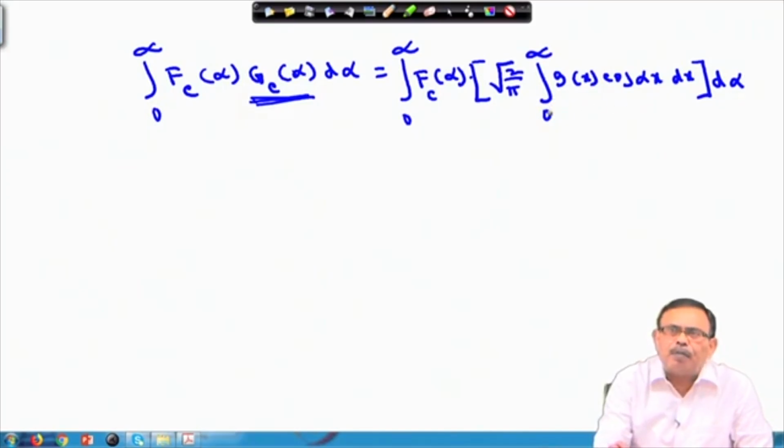Now, without changing the properties, if I wish, I can interchange the order of the parameters x and alpha, that is, I can integrate first with respect to alpha and then with respect to x.